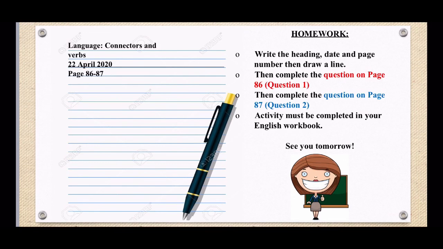Remember, first write down the definition and copy my slides about the continuous tenses and the examples, and then you complete question 1 and 2. This activity must be completed in your English workbook.